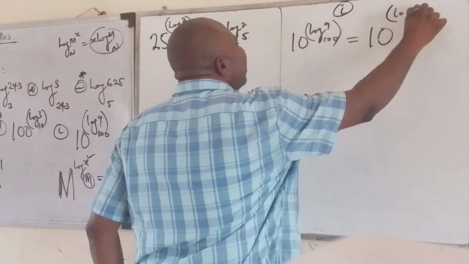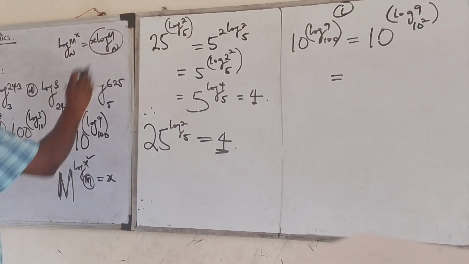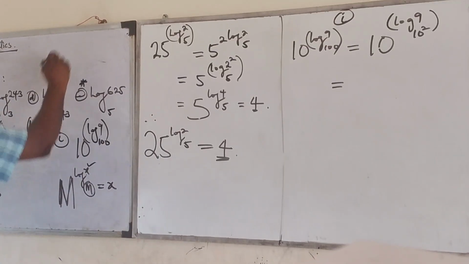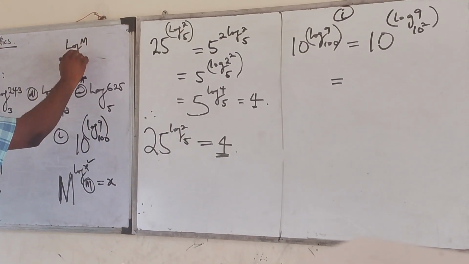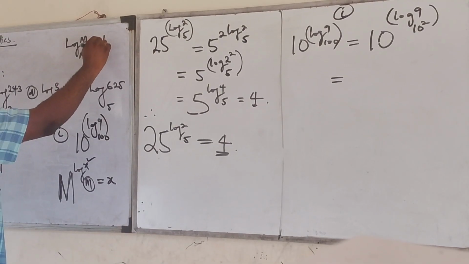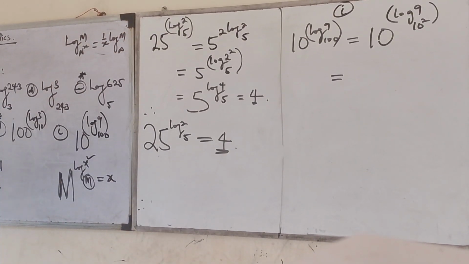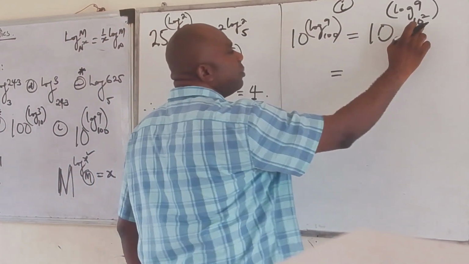Now remember this law: when you have log n power x, if the base is carrying the power, it becomes 1 all over x log n base n. So here is the base that is actually carrying the power.